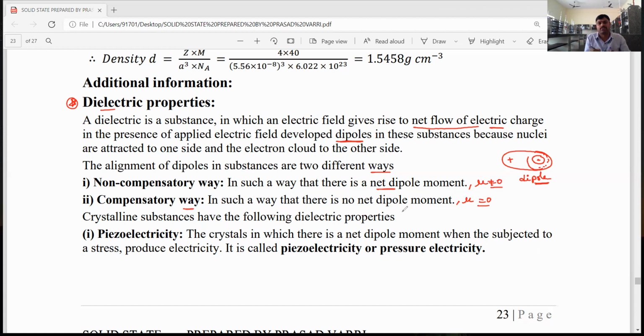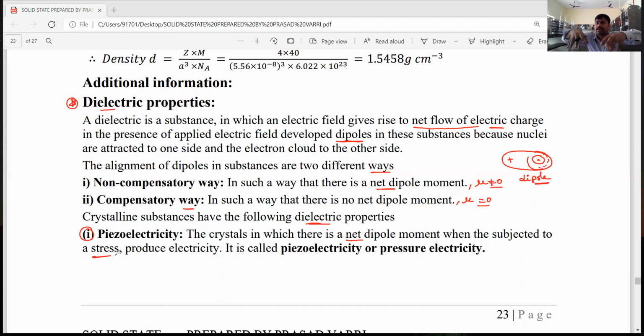Based on these dielectric properties, these crystalline substances have the following important dielectric properties. One is piezoelectricity. Piezoelectricity is present when a crystalline solid having net dipole moment, not equal to 0, is subjected to an electrical field, as well as we apply more pressure.